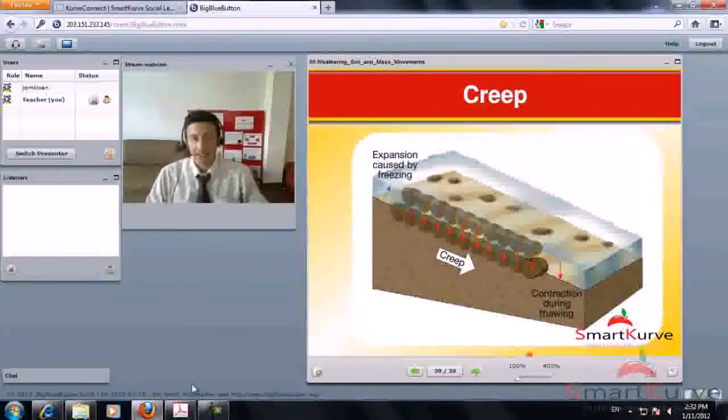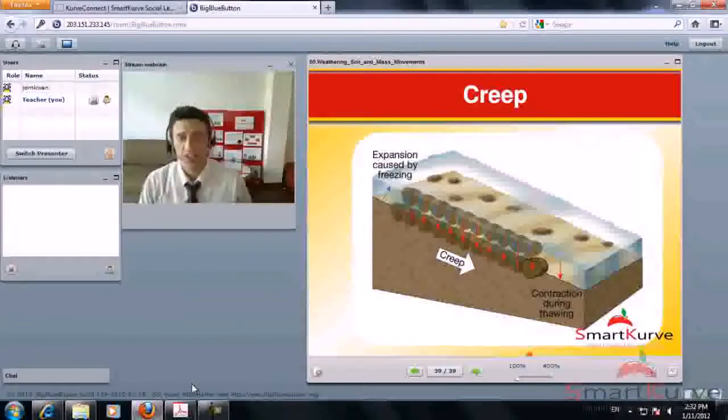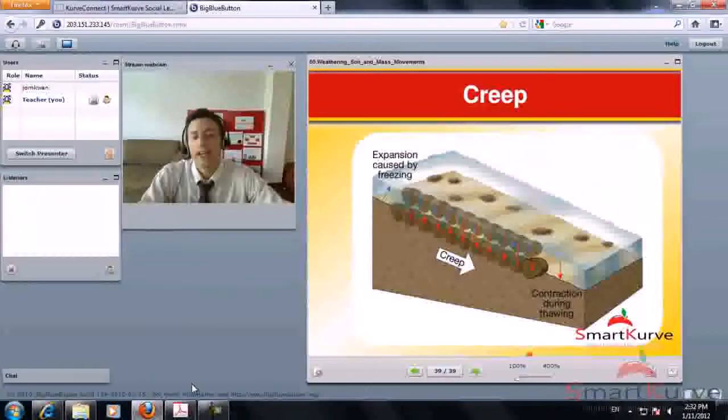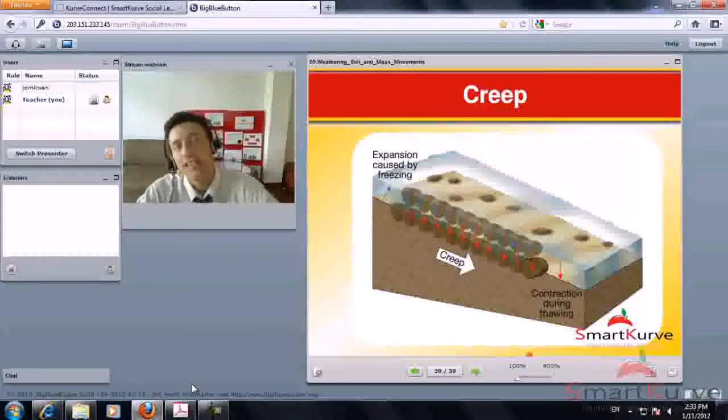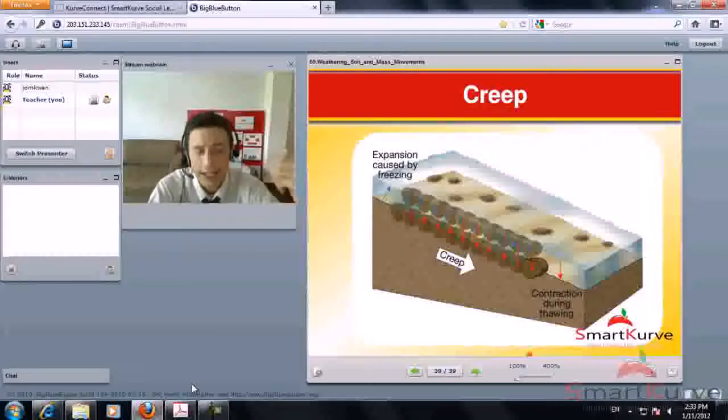So that's it. That finishes our lesson on weathering, soil, and mass movements. What I'd really like you to take from this is an understanding that soil is a very important resource, and good soil is a very precious resource, because it is very difficult to get that right combination of sand, silt, and clay and organic material that is good to use for farming.